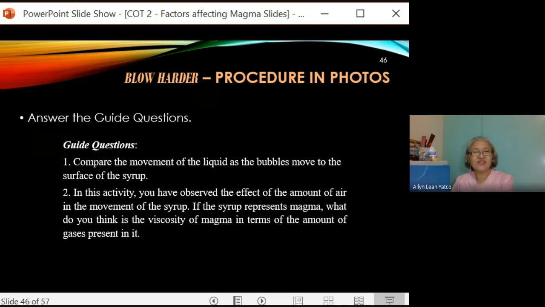In this activity, you have observed the effect of the amount of air in the movement of the syrup. If the syrup represents magma, what do you think is the viscosity of magma in terms of the amount of gases present in it? You will write your answers on your intermediate paper or on the activity sheets themselves if you have a hard copy.